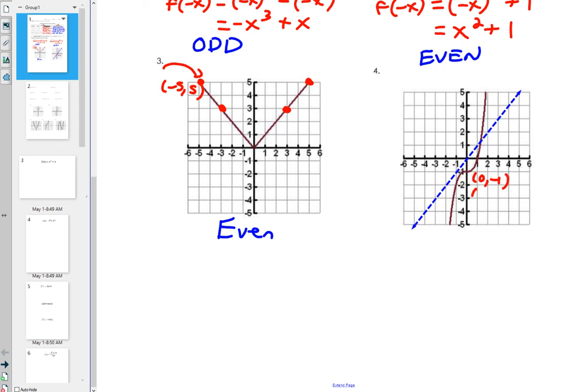What else should be there? If 0, negative 1 is there, then 0, 1 should be there. And 0, 1 is not.